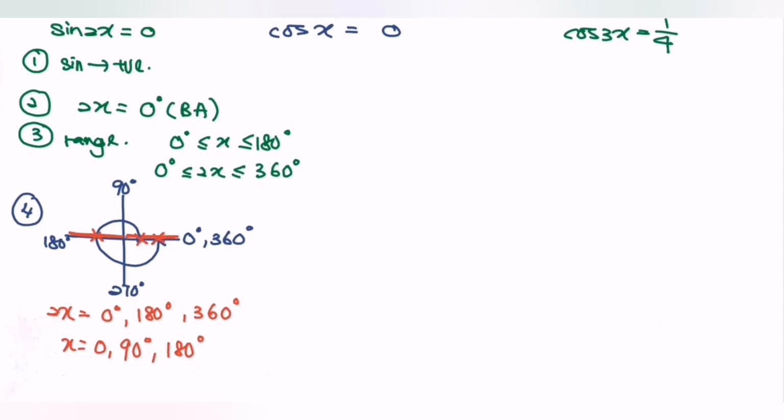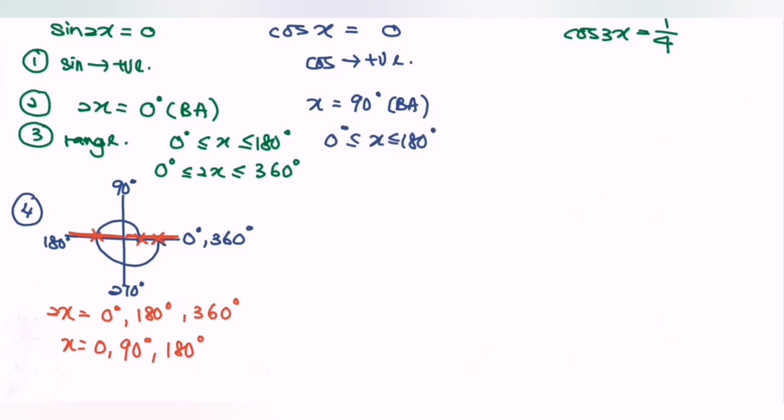Next, for the second part, which is cos x equals 0. Number 1, we have cos positive, so the quadrant will be the first and the fourth quadrant. Number 2, we have the basic angle, where x equals 90 degrees. For the range, we have 0 until 180.